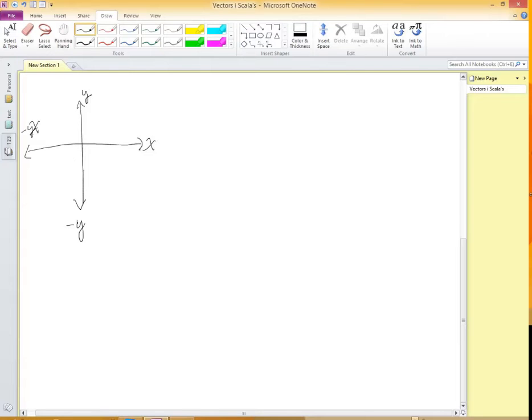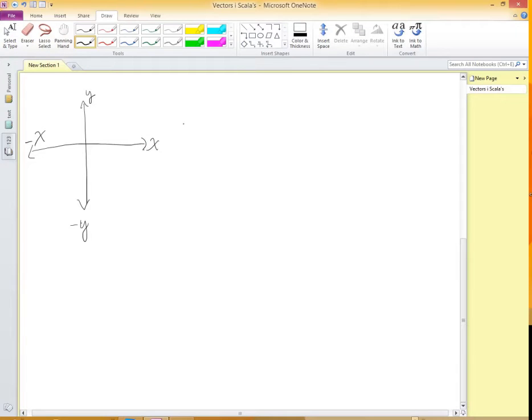All of this stuff is arbitrary. It's what you, the person building this graph, and the information that whoever you're giving the graph to needs, that's how you're doing it. There's nothing special about x or y. You could call it F or smiley face and baseball hat. It doesn't matter, as long as you denote them differently, okay?